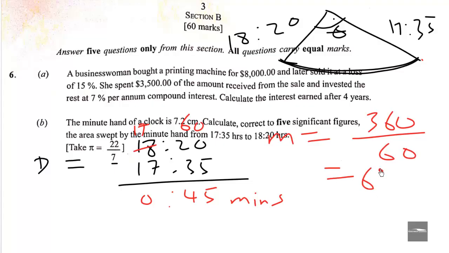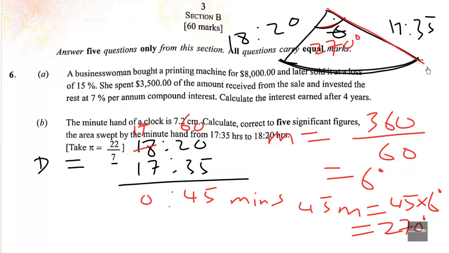So in 1 minute, an angle of 6 degrees is covered. So in 45 minutes, we are going to get 45 times 6, and that is going to give us 270 degrees. So the angle here is 270 degrees.